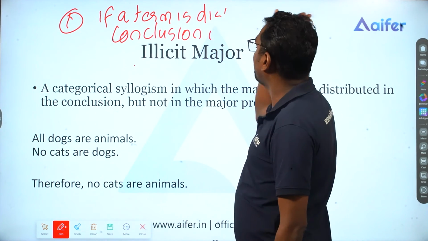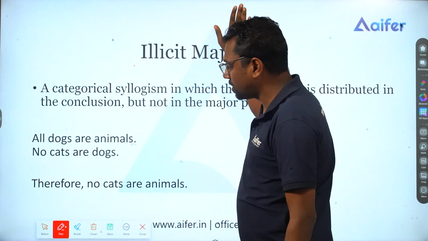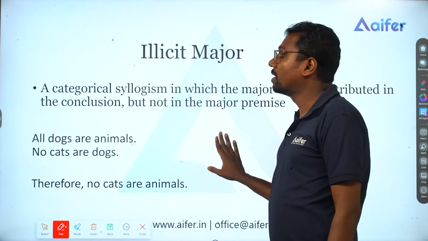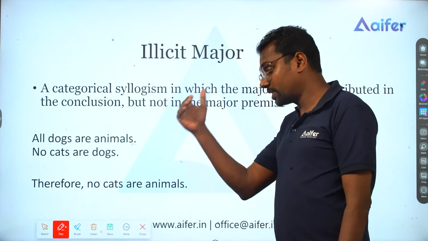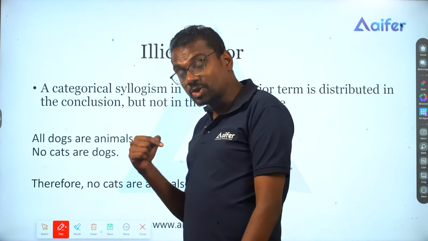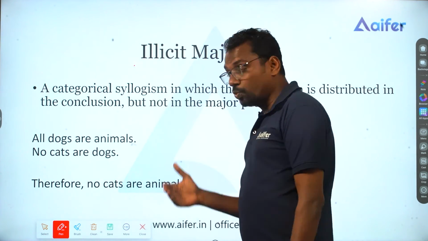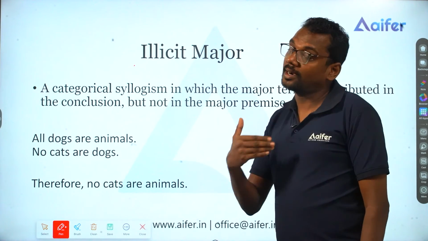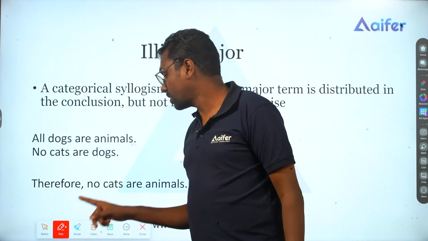The rule being violated is: if a term is distributed in conclusion, it should be distributed in premise also. And when the minor term is distributed in the conclusion and undistributed in the premise, we have the fallacy of illicit minor.